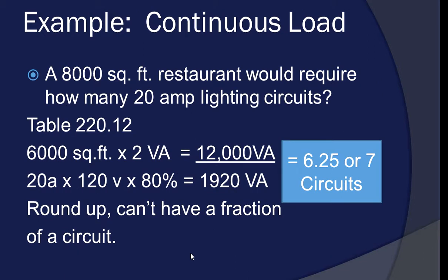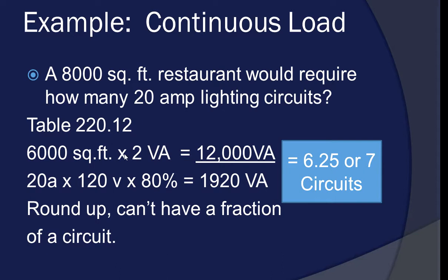Here's another quick example. An 8,000 square foot restaurant would require how many 20 amp lighting circuits? Again, we go to table 220.12. We see that 2 VA is assigned for a restaurant. We multiply that by 6,000 square feet and we get 12,000 watts.